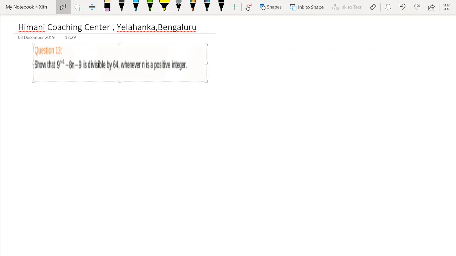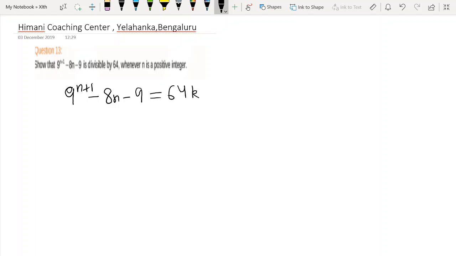Now if a number is divisible by a given number, we can write it in a certain way. I can rewrite 9^(n+1) minus 8n minus 9, and if this is divisible by 64, I should write it as 64k, where k is a constant.